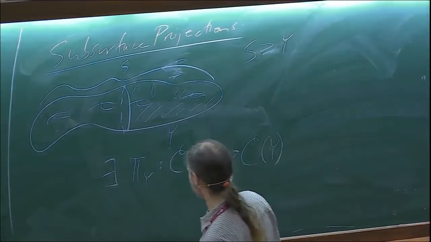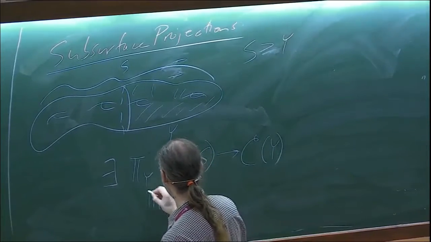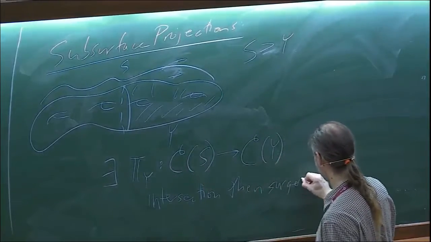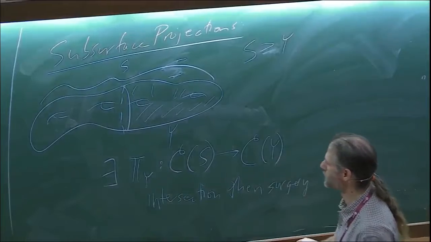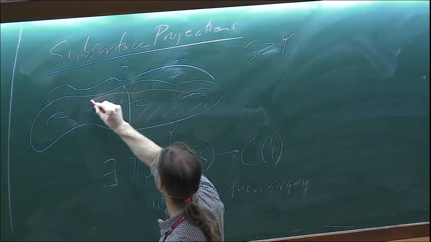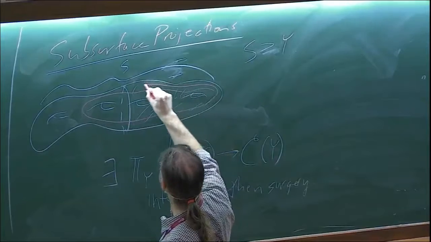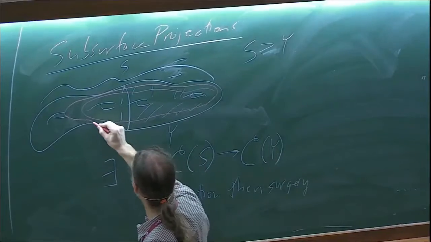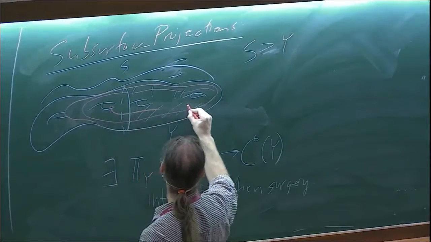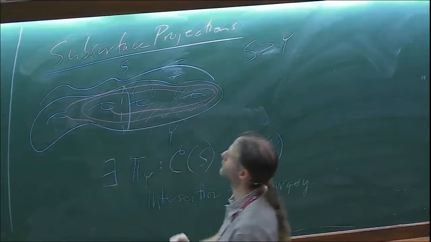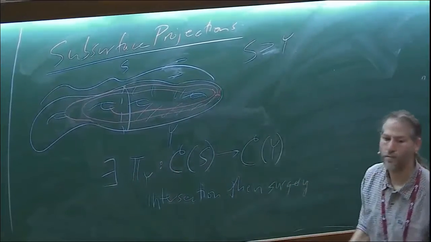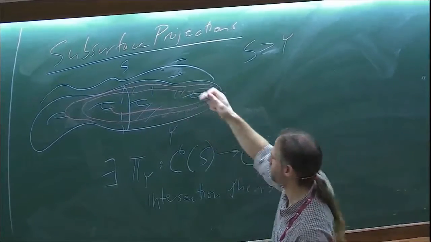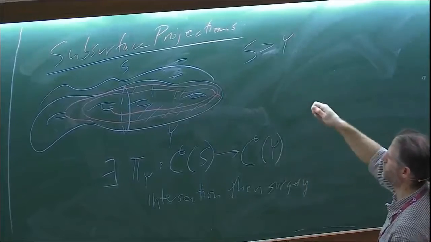Okay, so we have some curve gamma sitting inside my surface, and it maybe intersects this subsurface Y in lots of different ways, in lots of different arcs.